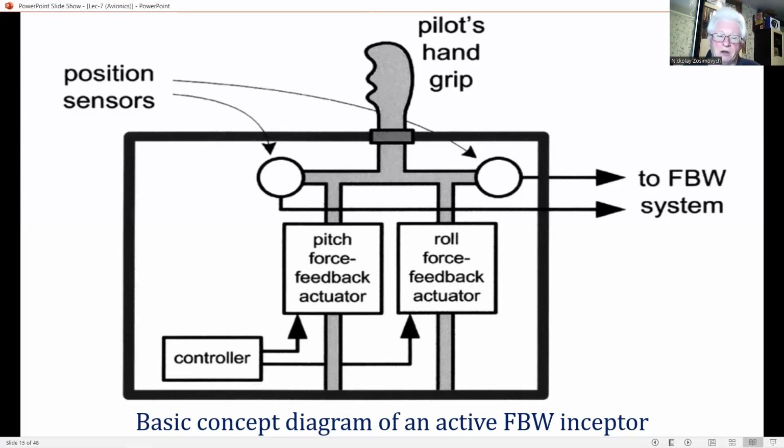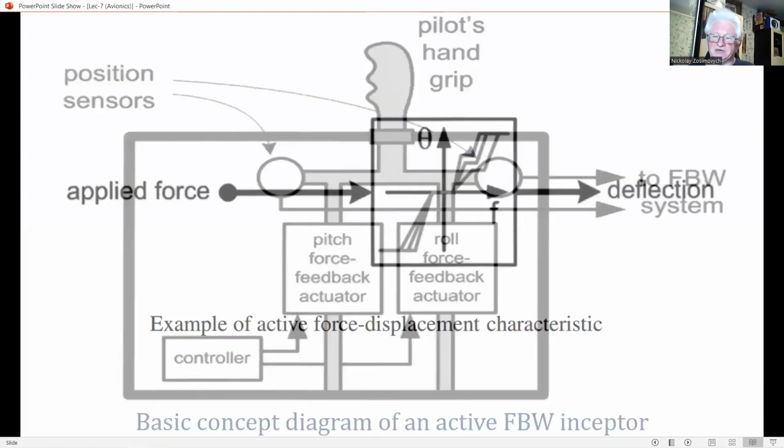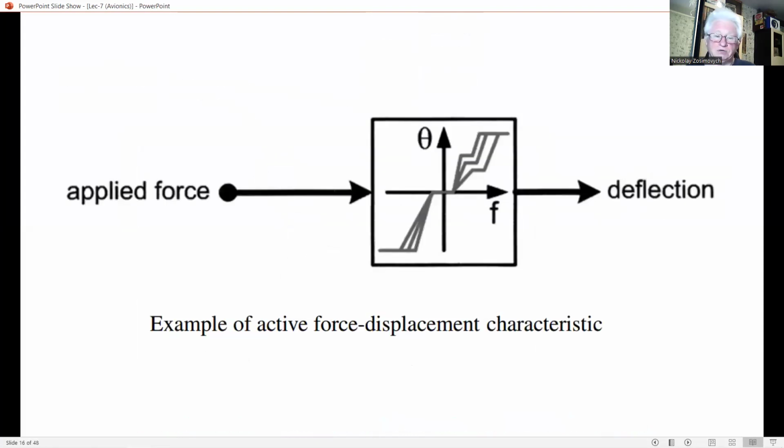Algorithms within the controller provide the required force displacement characteristics based on measured force and displacement in each axis. The active inceptor can produce the characteristics shown in this figure, with such features as variable force gradient with intermediate soft stops.